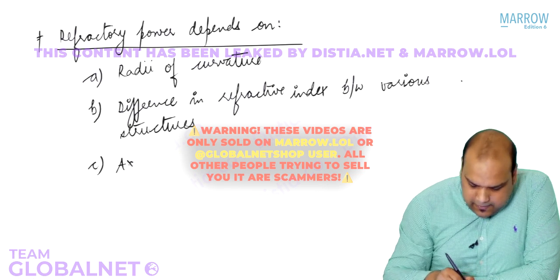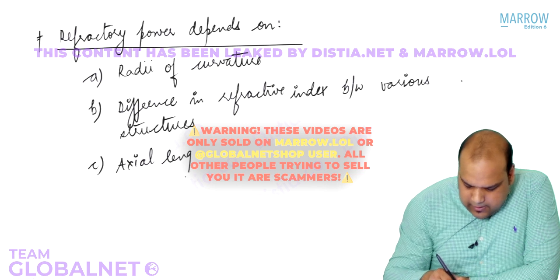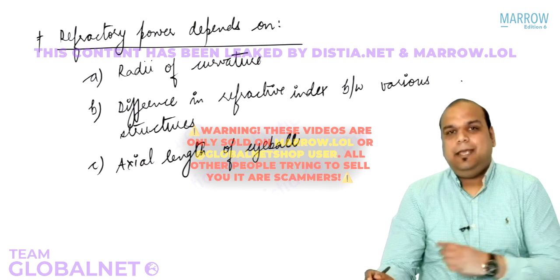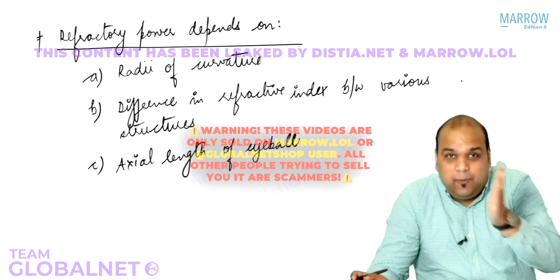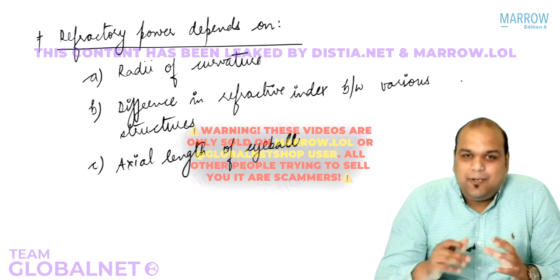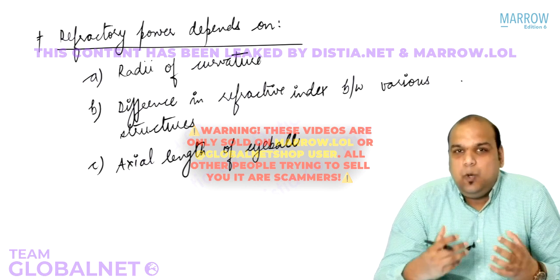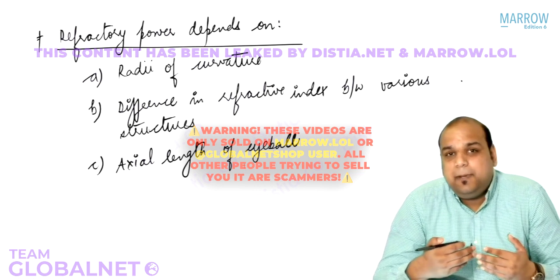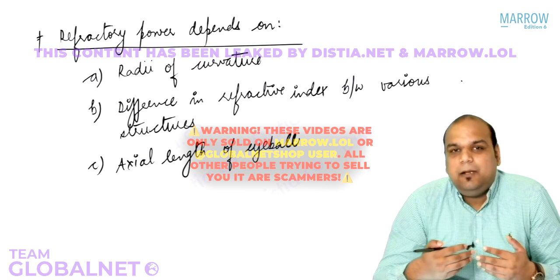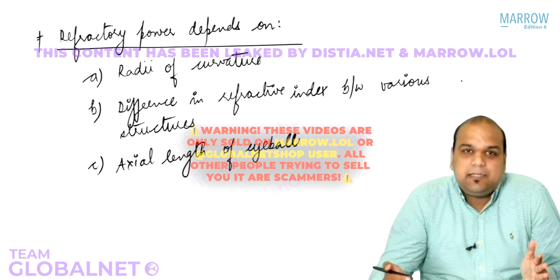And thirdly, it depends on the axial length of eyeball. Anteroposterior diameter of 24 mm. Okay. So based on our Listing's reduced eye, we know that a lot of factors apart from the simple power of the cornea and the power of the lens can lead to some changes in the normal power of the eye. I hope I'm absolutely clear here, everybody.